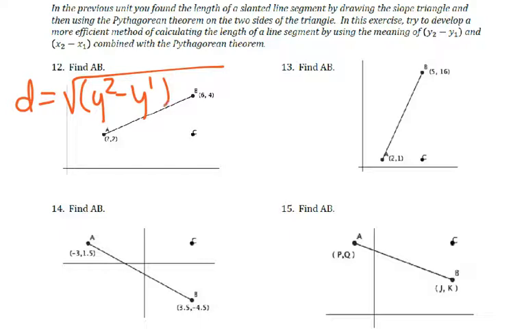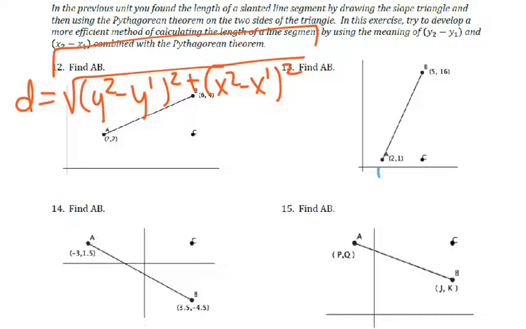Okay, we can use this when we're given the points instead of the lengths. Okay, so if I use this for 13, and the idea is if I have a calculator that's good enough, I could just type that whole thing in like that and get it to work.